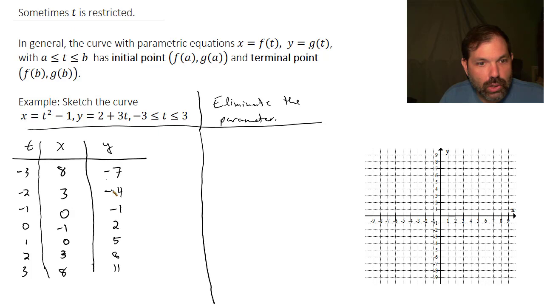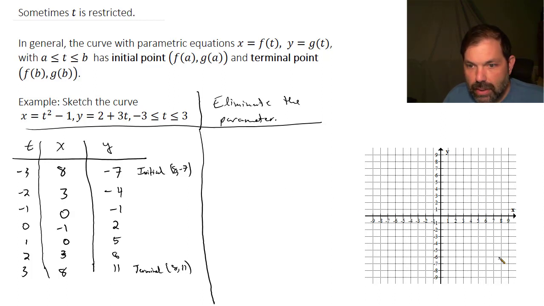Okay, so my initial point is (8, -7), and my terminal point is (8, 11).